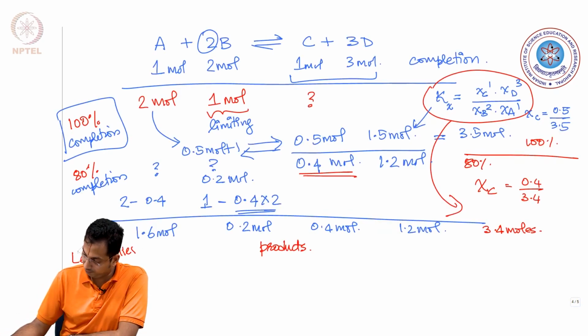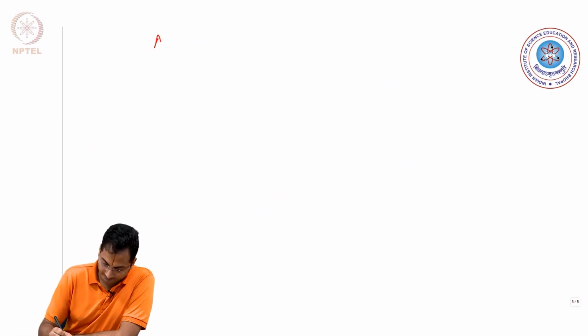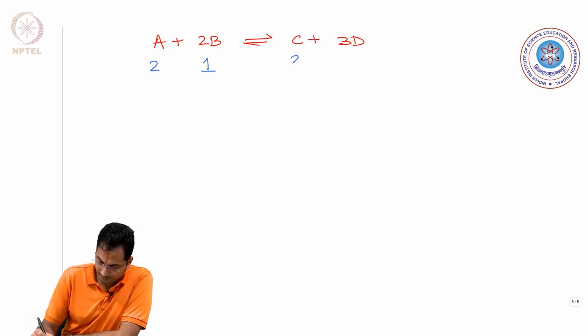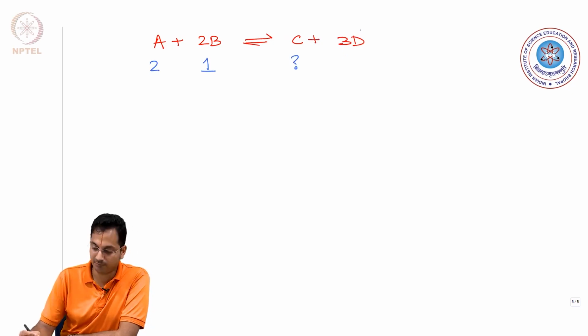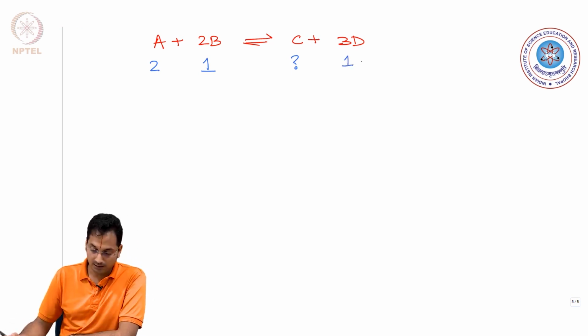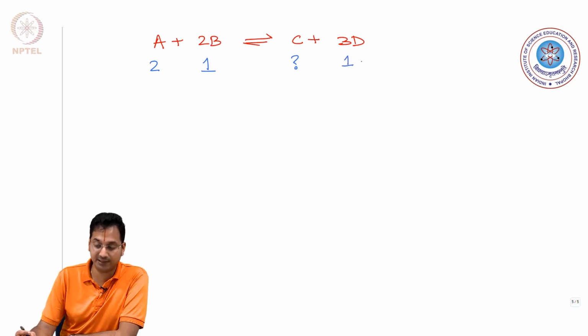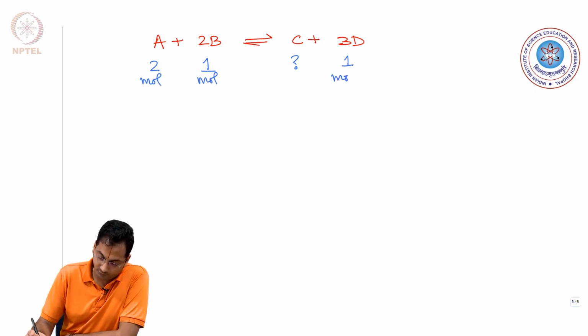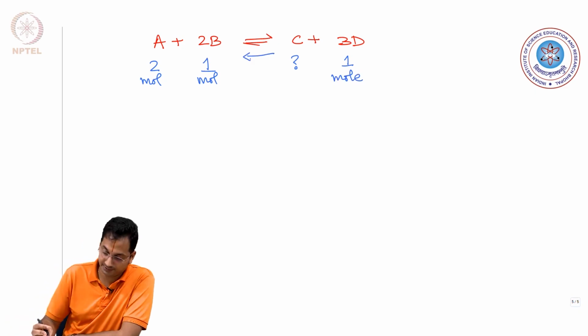So, let us write the reaction again. 1A plus 2B gives C plus 3D, and we took the example of having 2 moles here, 1 mole here, nothing of C. Now, let us assume that you had 1 mole of D that you have already provided. So, what this will end up doing is it is going to push the reaction more towards the reactants.